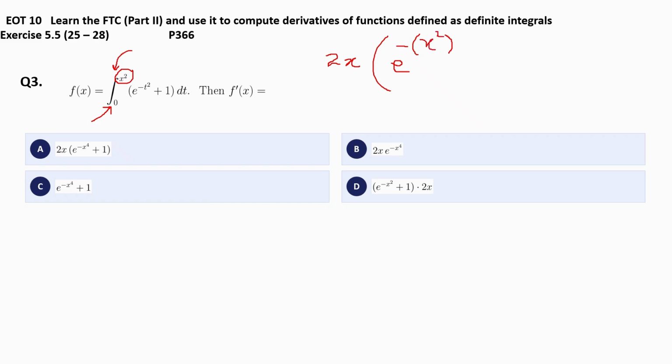And already you have a 2 here, isn't it? That has to be written. Don't forget. Then you have plus 1, which will lead you to 2x multiplied by e power minus x squared. 2 into 2 is 4 plus 1, which means option A.